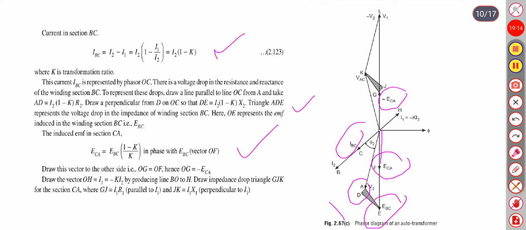Draw the vector OH, I1 minus KI2. This is vector OH. It is just opposite to I2. Draw the impedance drop triangle GJK for the section CA, where JG equals I1R1 parallel to I1 and JK is I1X1 parallel to I1.